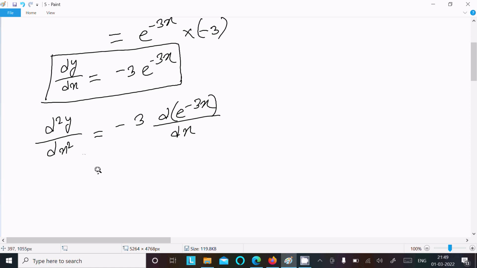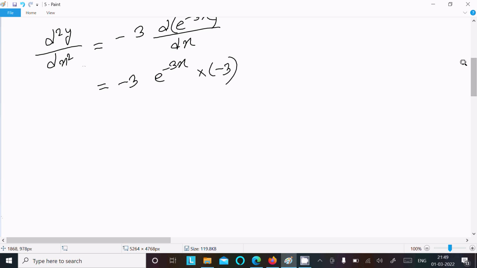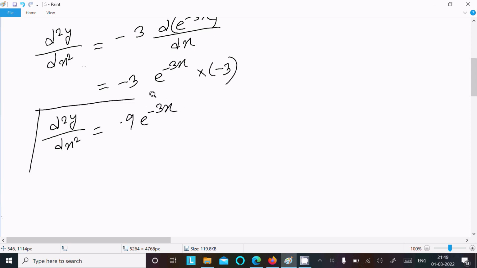So again here minus 3, then e power minus 3x differentiation is the same, and minus 3x differentiation is minus 3. So after that here we can write d²y divided by dx²: minus minus changes to plus 9, and here e power minus 3x. So this is your second derivative.